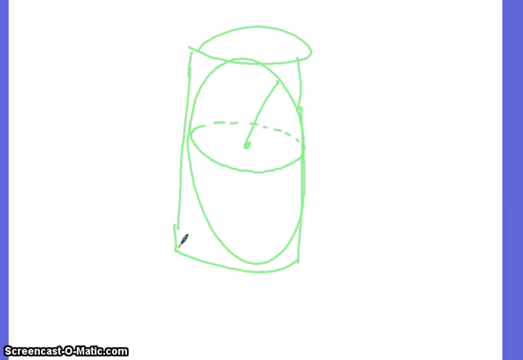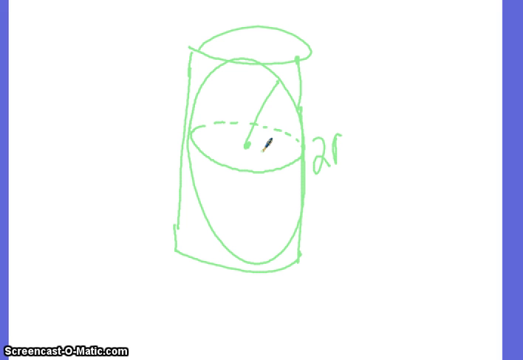But if I want my cylinder to cover as much of that sphere as I could, so the sphere is touching the top and the bottom, then the height of my cylinder from top to bottom is 2 times the radius. Because notice my original radius is going from the middle to the top, so it's double. So the volume of a sphere is done like this.